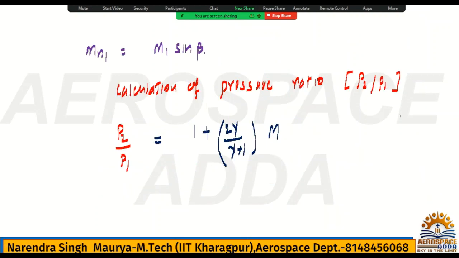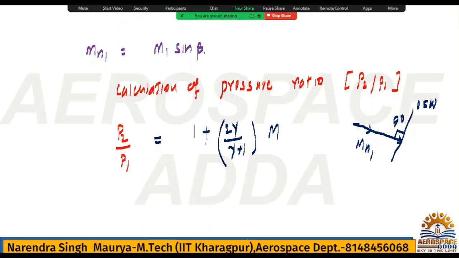This is the oblique shock here, and the flow velocity is exactly 90 degrees to it. And what is the Mach number for this? It is Mn1, the normal component. So this will be treated as 90 degrees. It means it is treated as a normal shock. So you can apply the normal shock formula here.